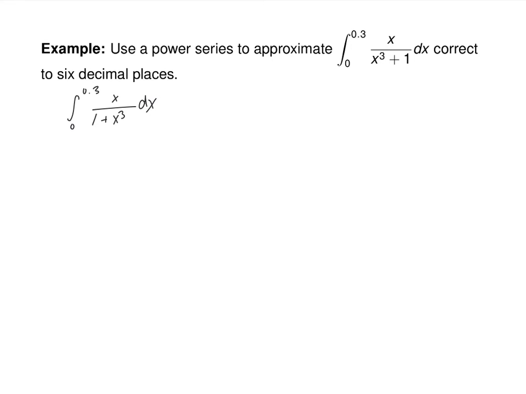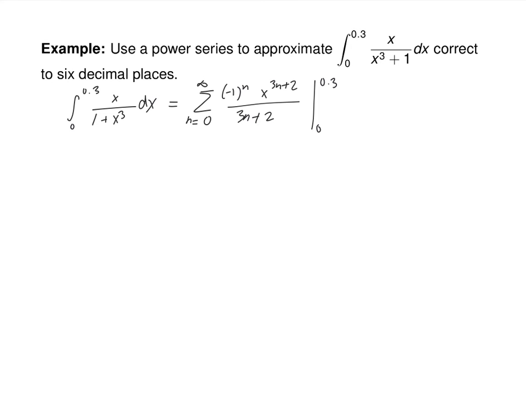So the antiderivative of x over 1 plus x cubed was the sum from n equals 0 to infinity, negative 1 to the n, x to the 3n plus 2 over 3n plus 2. We don't need the constant c because we have a definite integral, evaluated from 0 to 0.3.